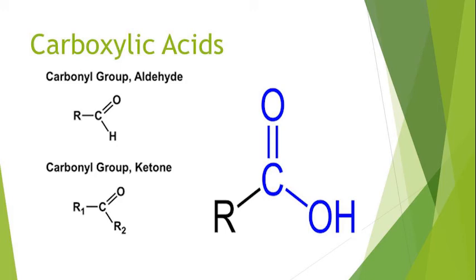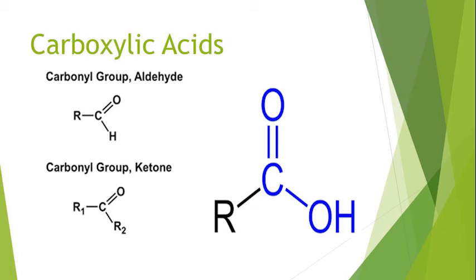I have shown here comparison of aldehyde, ketone and carboxylic group. You can see here that in all of the functional groups, carbonyl group is present. But in aldehyde, carbonyl group is attached from one side with alkyl group but from the other side with hydrogen.